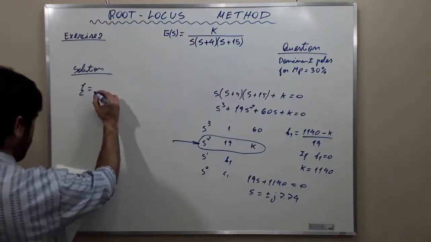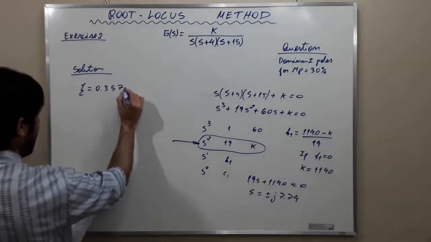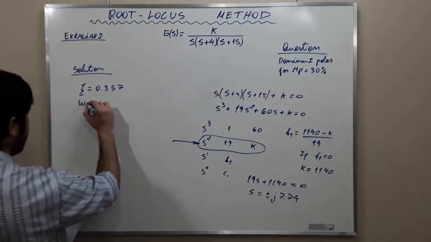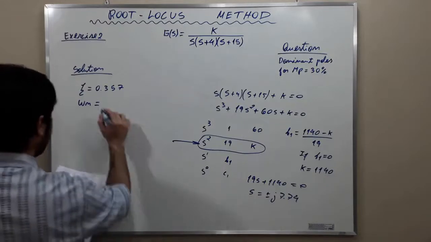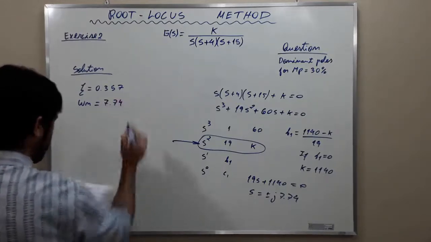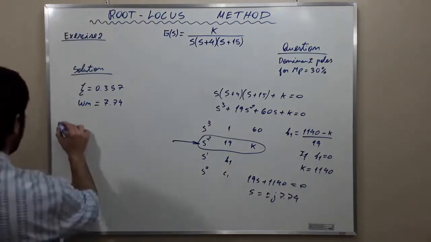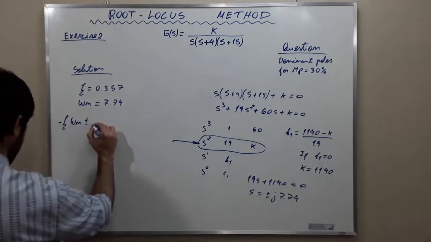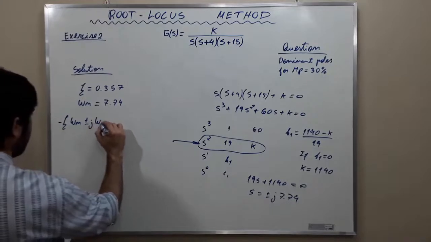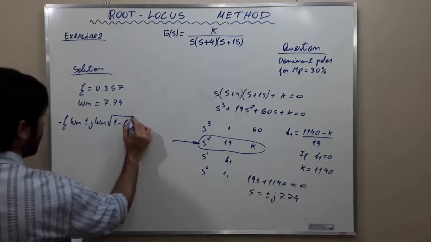All right? With zeta equal to 0.357 and Wn, the undamped natural frequency, equal to 7.74, the dominant pair of poles will be at negative zeta Wn plus minus j Wn times the square root of 1 minus zeta squared.